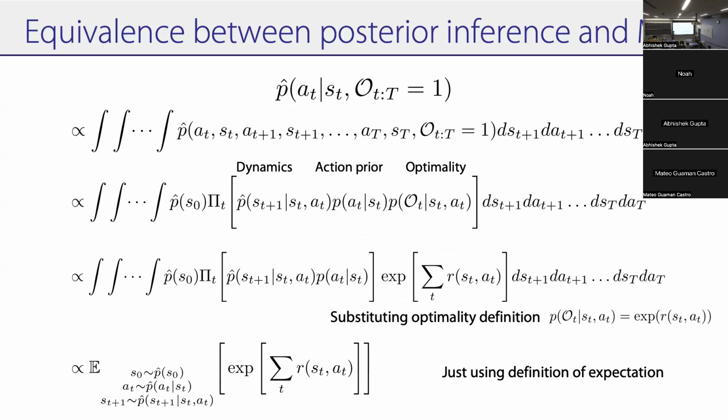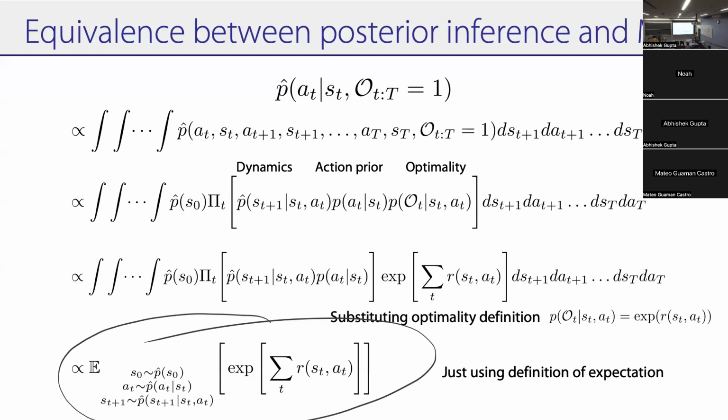The point is that you start at your current state, sample an action, roll it forward inside your model, sample another action, roll it forward inside your model, sample another action, roll it forward, and then weight it by the exponential sum of rewards of that trajectory. So the likelihood of an action at a state is proportional to the exponentiated sum of rewards when you roll things forward through the model.